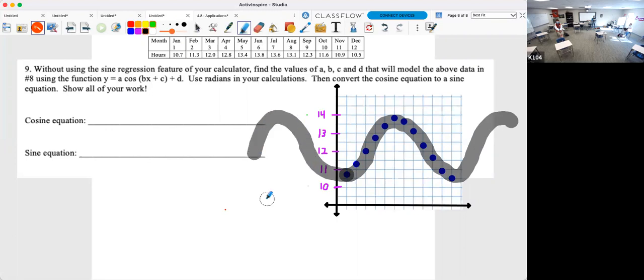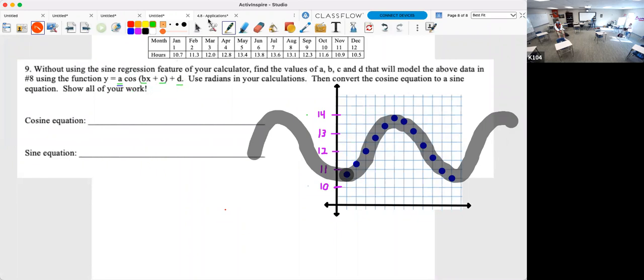Something like that. So based on this picture, what can you tell me about what the values of A, B, C, and D need to be?